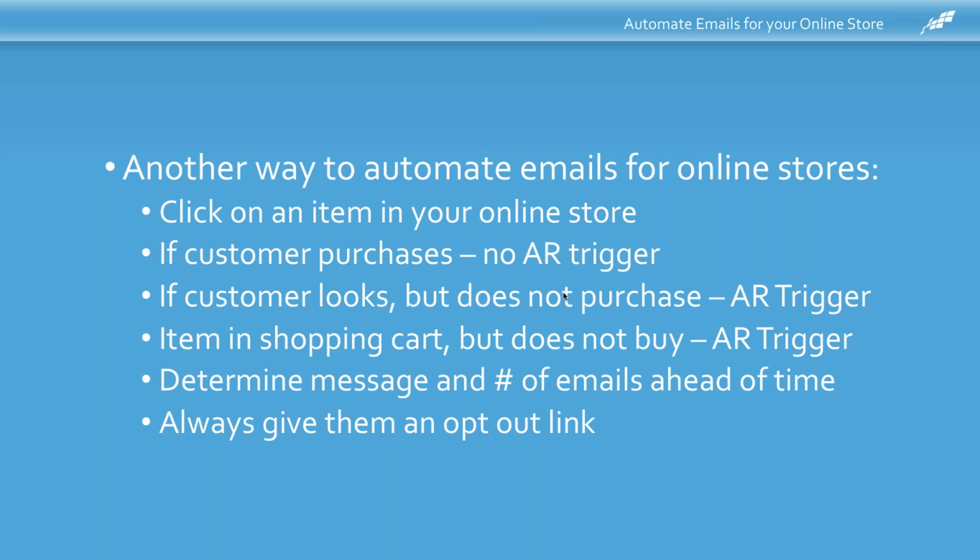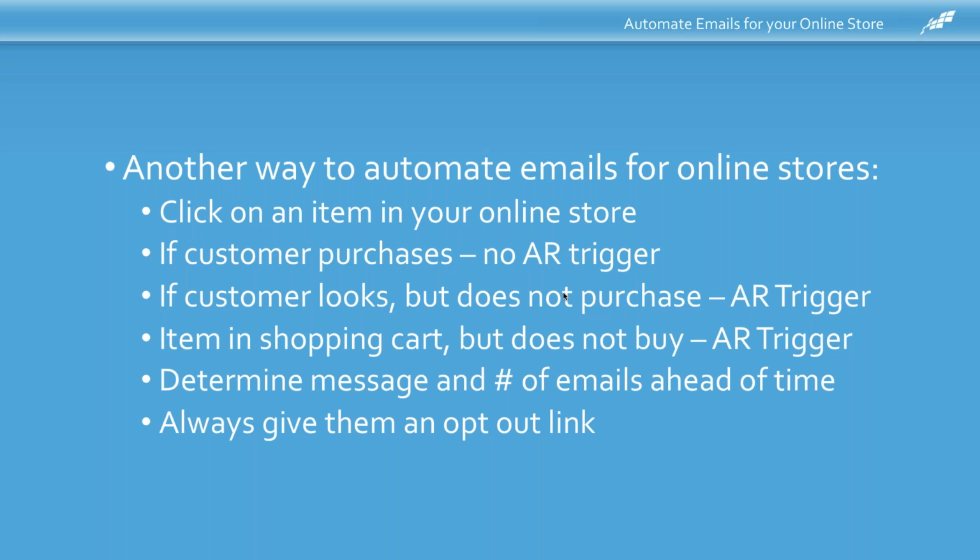Okay, so let's say they click on an item in your online store, and if they purchase it, there's no autoresponder trigger. But if the customer looks but does not purchase, we can set up an autoresponder campaign to send them a single email or a series of emails to try and get them to purchase or more information about the product.